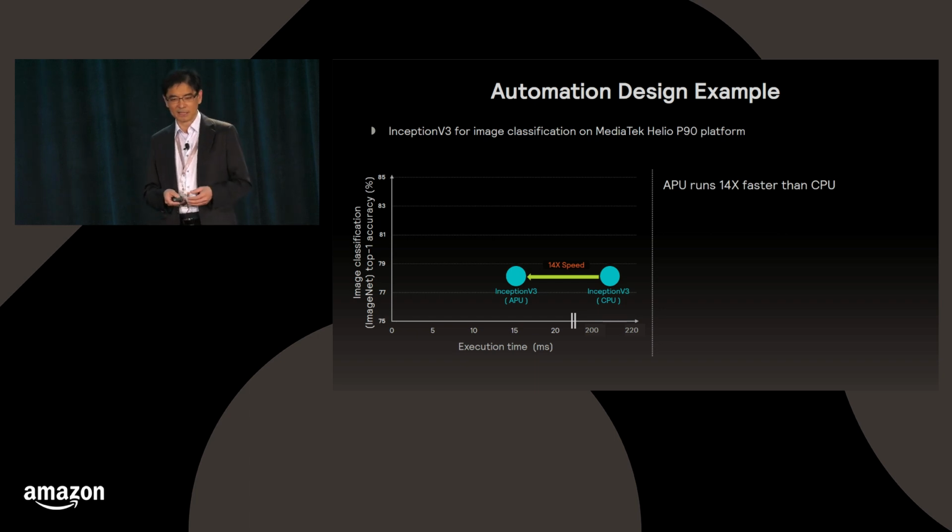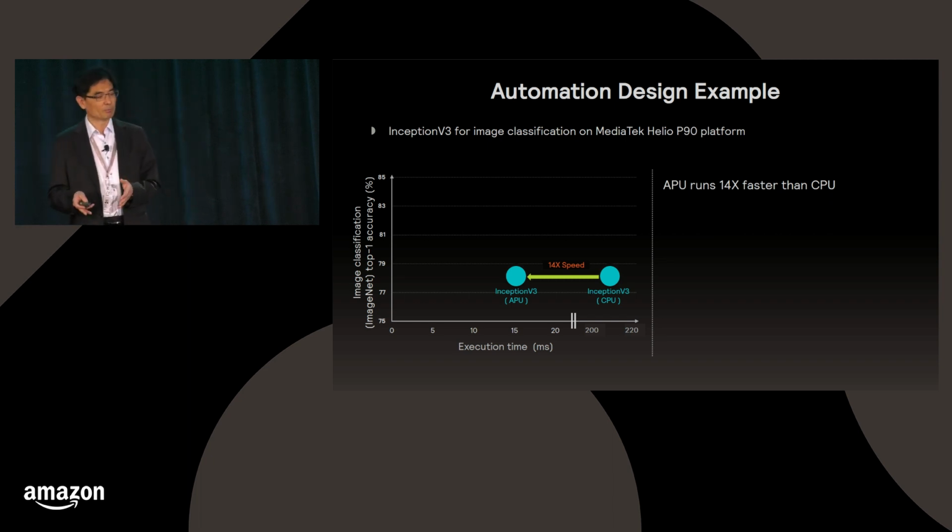We take the Inception V3 for image classification as an example, and this example is from our P90 platform. First, we start with running the Inception V3 on CPU manually.